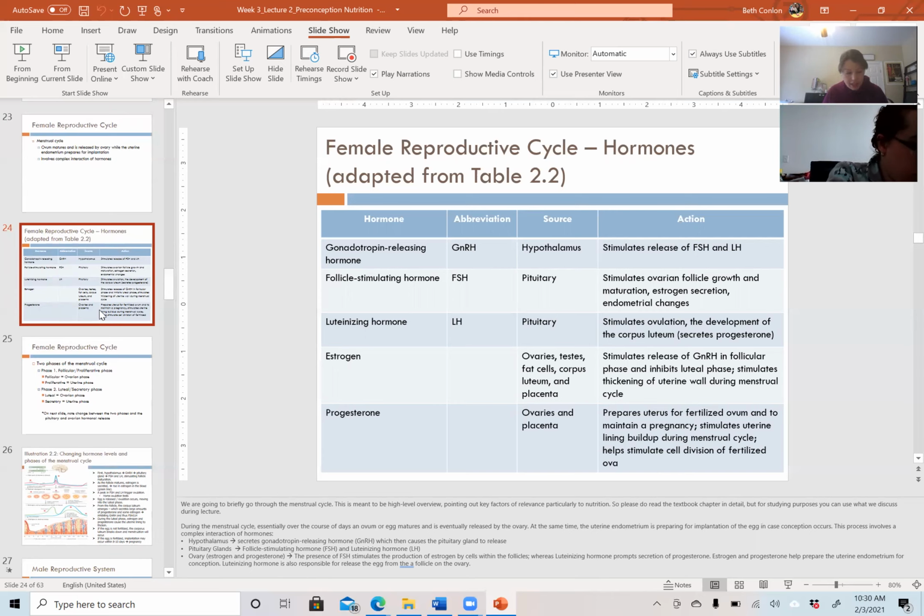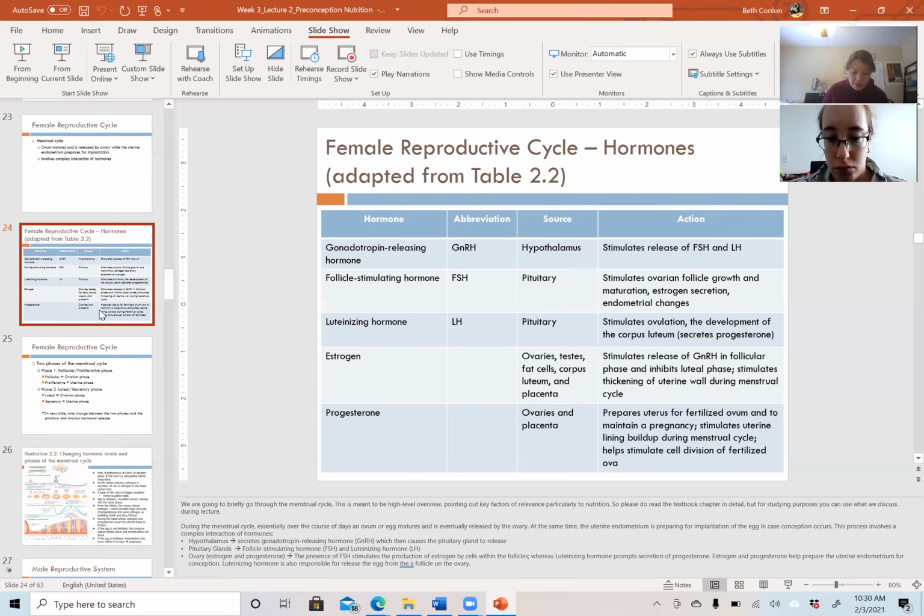And then similarly, know that follicle stimulating hormone's source is the pituitary gland, and know that it has several actions, including that it stimulates the ovarian follicle growth and maturation, and that's the process needed to select an egg to be released.